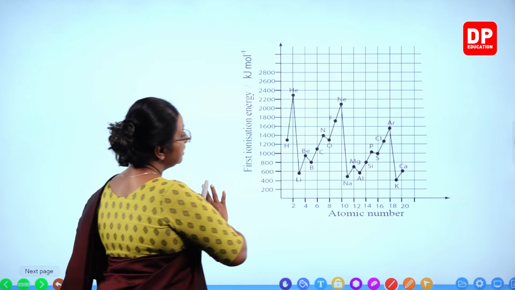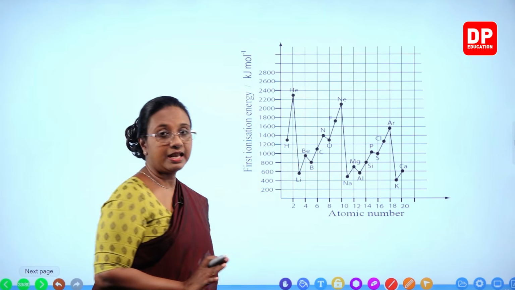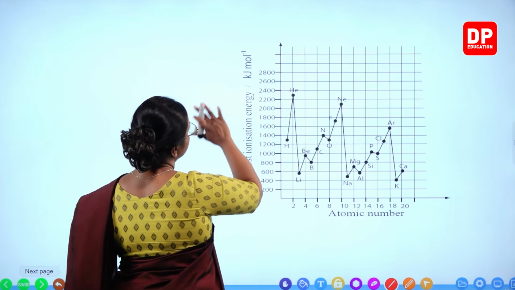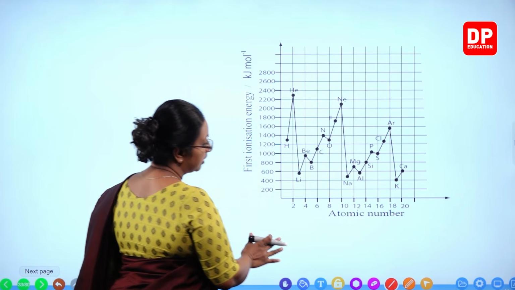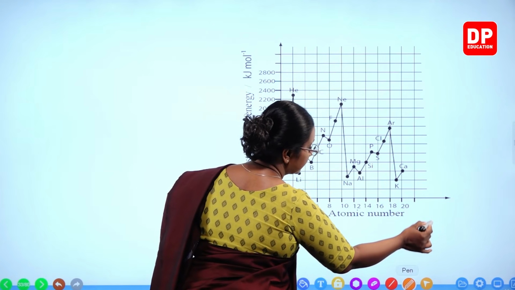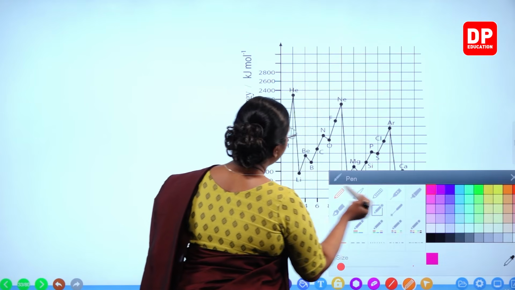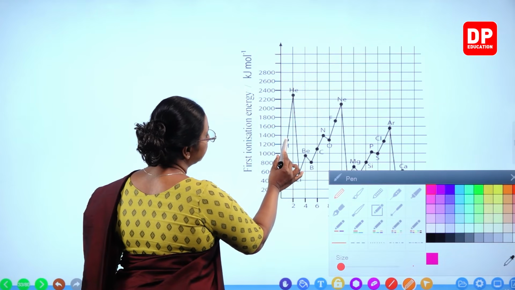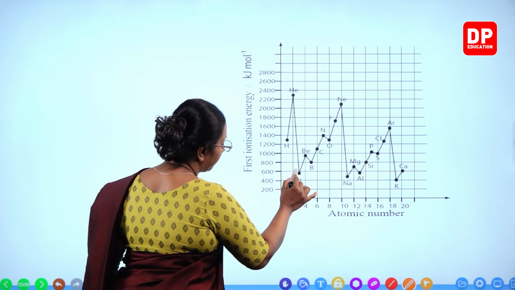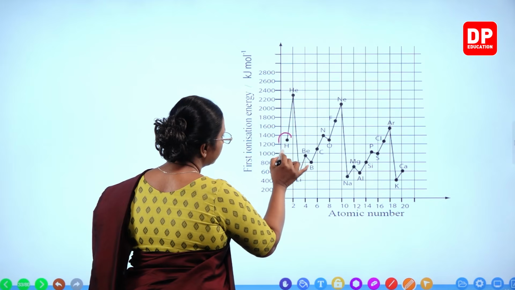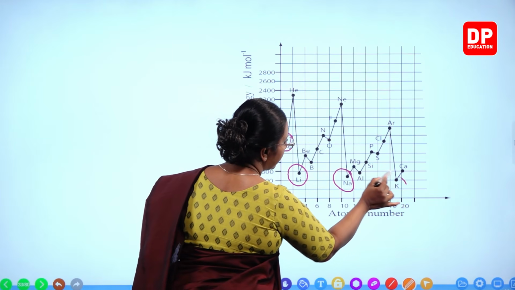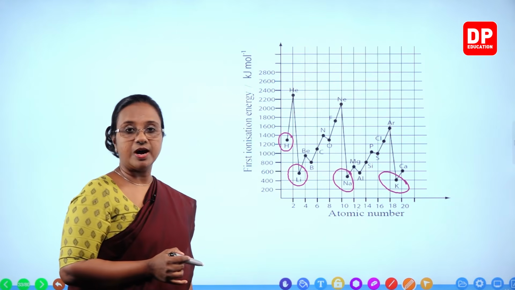Now here, this is the complete graph. I have put that here. What do you see? Again, first ionization energy, kilojoules per mole, and atomic number. Now this part, students, you all can see here, always group 1 is the first element, then group 8. Again, there is a drop, lithium. So this is group 1, lithium group 1, sodium group 1 and potassium group 1.